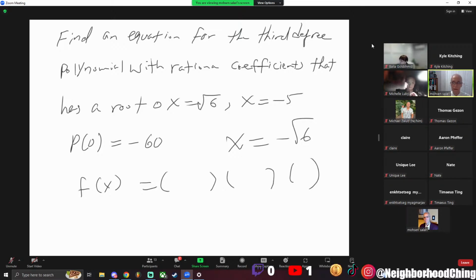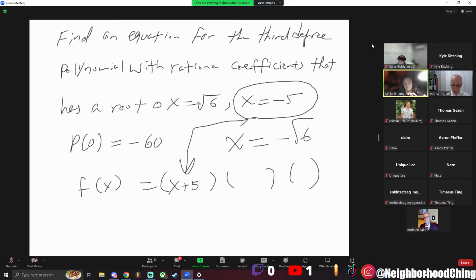So p of x, let's say, has root x equals -5, which takes care of one of them, which is x plus 5, yes? Wouldn't this be a quadratic now? Yeah, so you have x squared over something. So if one of them is x minus root 6, this one must be x plus root 6.